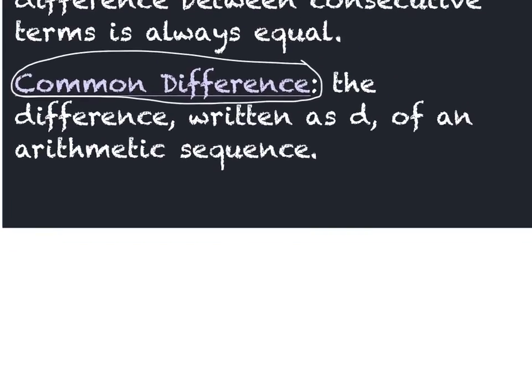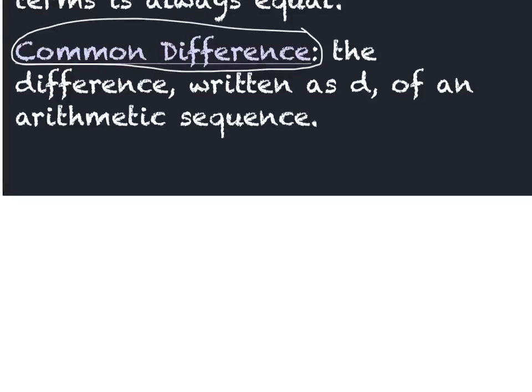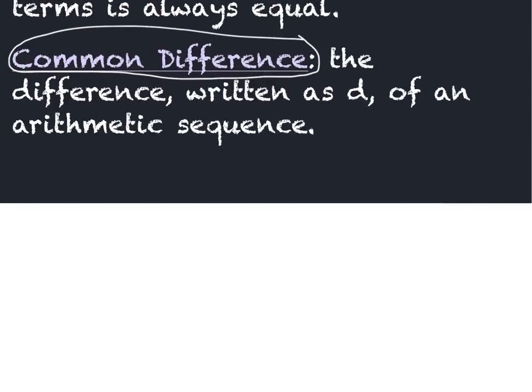So let me move this up here and show you some examples of something that would be considered an arithmetic sequence. So here we have a sequence, right? It's a consecutive set of numbers, it'll keep going forever and ever.